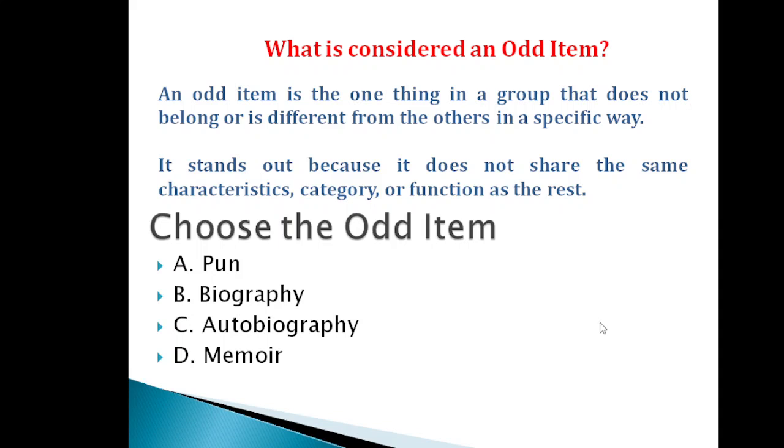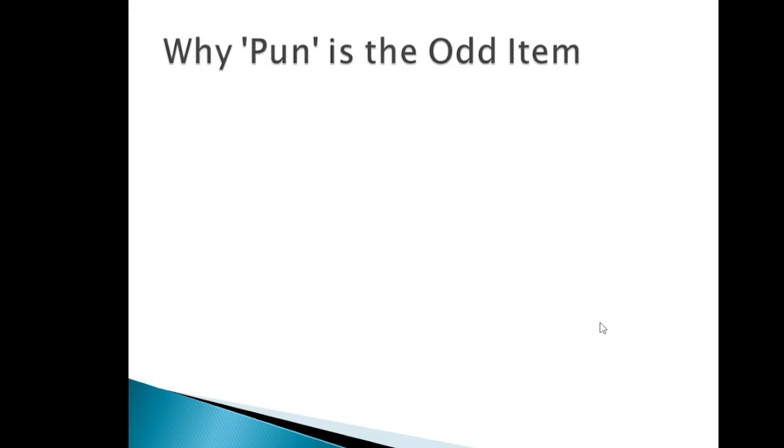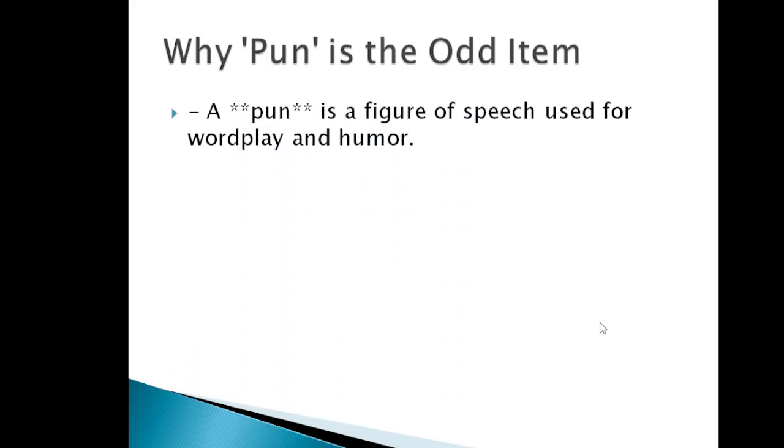Now, the answer to this question is poem. Why? Biography is a category similar to autobiography. Autobiography is a category similar to memoir. And we're going to be justifying that. So why is poem considered the odd item here?